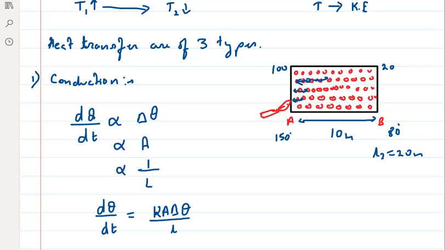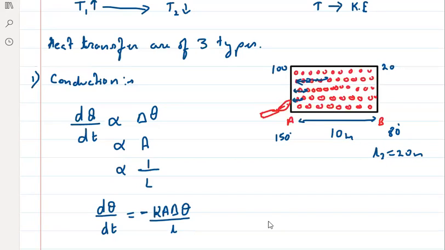Because heat is always transferred from higher temperature to lower temperature, delta theta is always negative. Yes or no? Can you transfer heat from lower temperature to higher temperature? No, right? So in order to make it positive, I have to multiply by a negative sign.